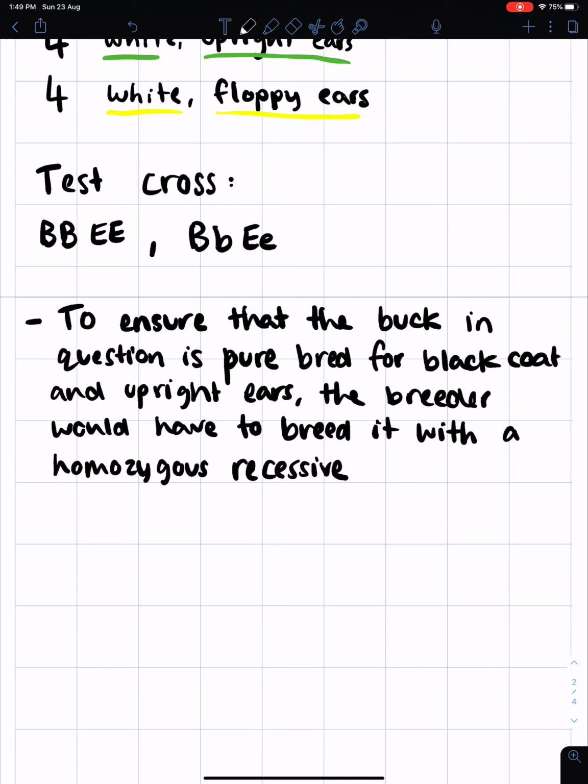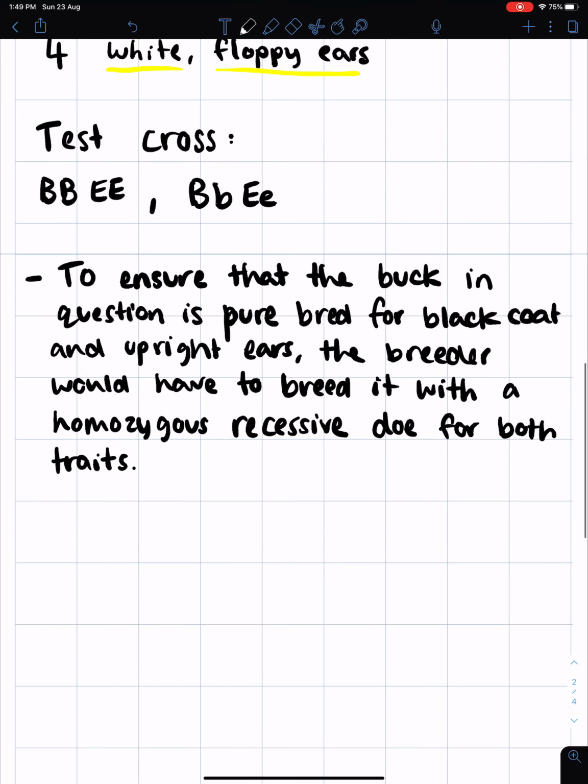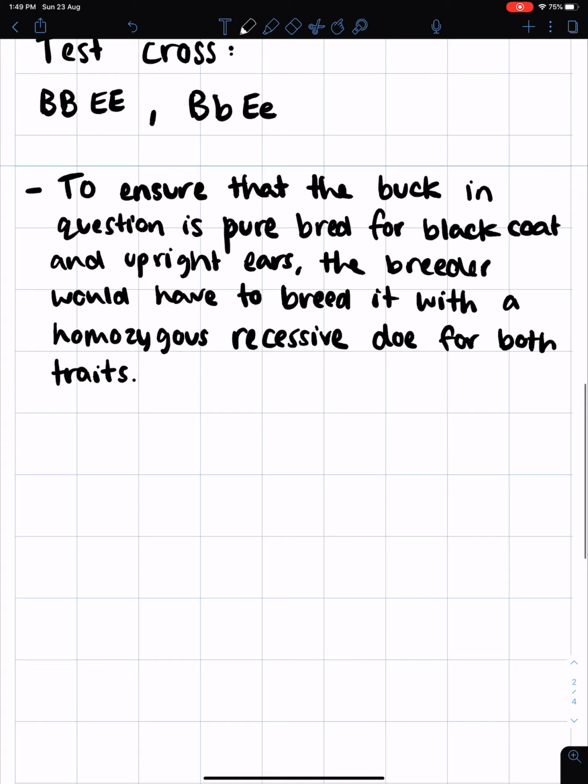What's the female version of a rabbit? Doe. With a homozygous recessive doe for both traits, i.e. white and floppy ears. Please make sure that you're following along with me and taking these notes as well.